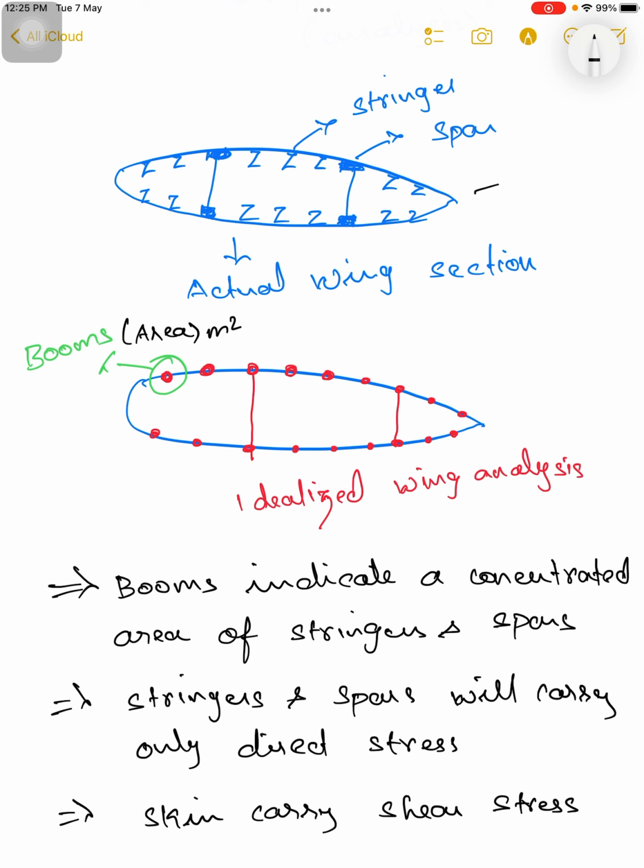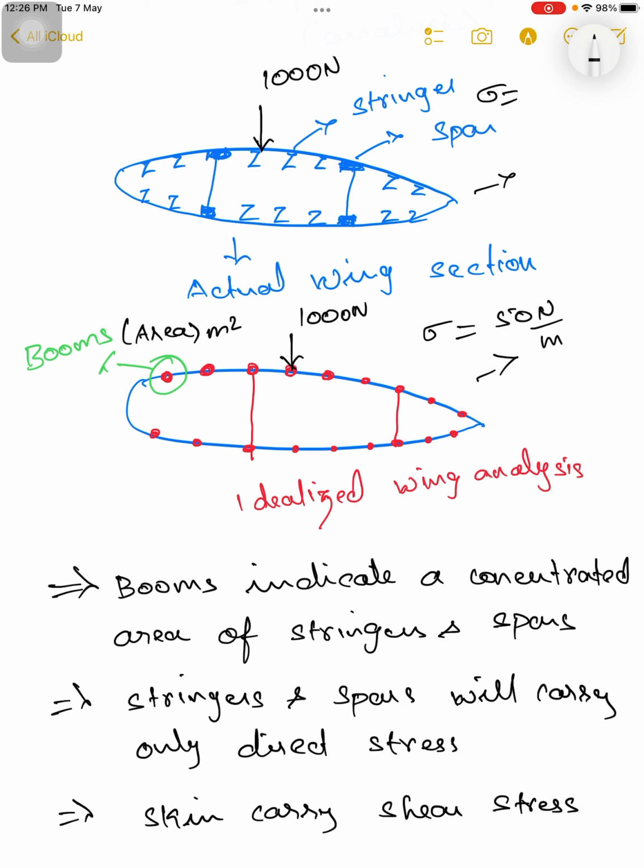So both the actual and idealized wing structures have to behave in a similar manner under any loading condition. For example, when I apply a load of 1000 Newton in the actual and idealized condition, and at some point I identify the stress, it has to give the same value.